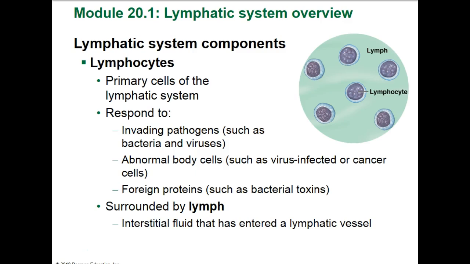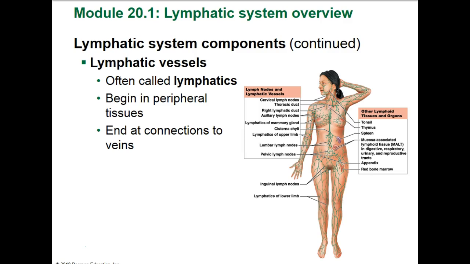The lymphatic system is surrounded by lymph, and this is the interstitial fluid that enters into the lymphatic vessels. We'll often refer to the lymphatic vessels as the lymphatics. They begin in the peripheral tissues, they end at the connections to the veins, so they do cycle back the liquids into the veins, which then return to the heart.